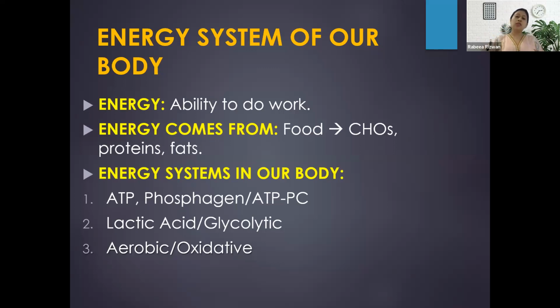The energy to do work is produced in three forms in our body. Number one, the primary source is ATP, which stands for adenosine triphosphate, or we can say the ATP-PC system. Then the other is the lactic acid system, that is the glycolytic pathway. And the other is the aerobic oxidative pathway, which provides energy in the presence of oxygen for the long term.